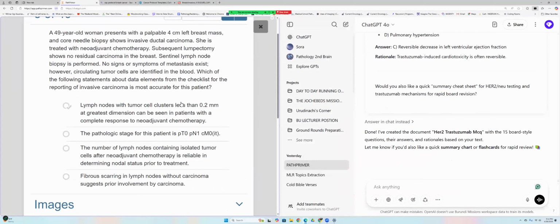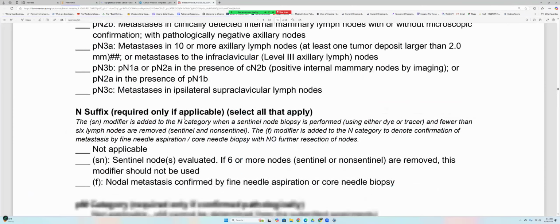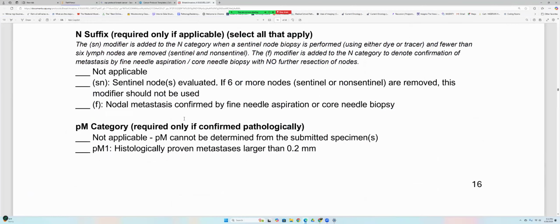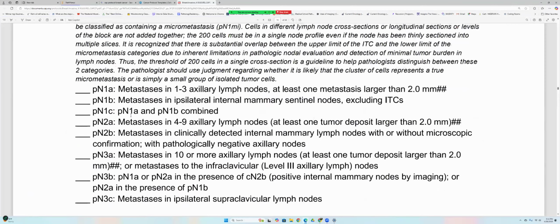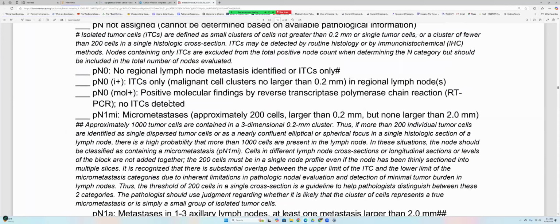Maybe this is less than 0.2 millimeters for isolated tumor cells. Here, N0 is actually N0 molecular plus.